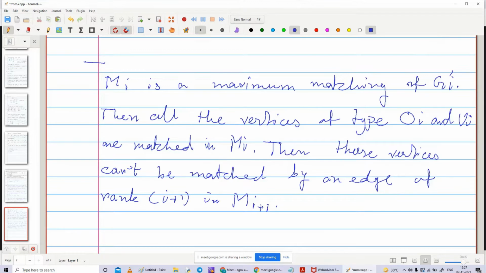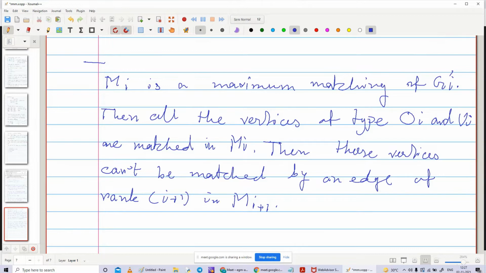If you check the Gallai-Edmonds decomposition theorem, you will see that all the vertices that are Oi or Ui, odd or unreachable, will be incident to a matched edge, because if it is a free vertex, then it will be even.